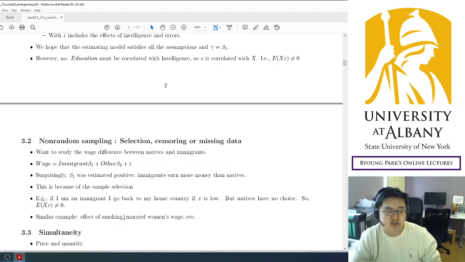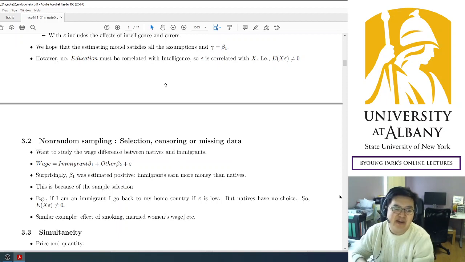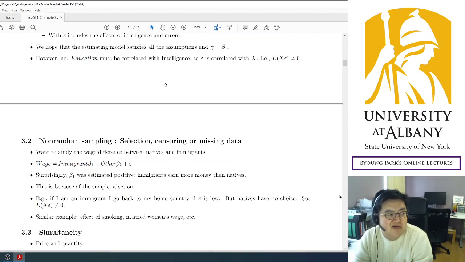So that's sample selection. Another sample selection, married women's wage. If you'd like to study the effect on married women's wage, the problem is the married women who work are usually from a lower income family. So if my wife was a billionaire, then I would quit my job as soon as I marry her, right?